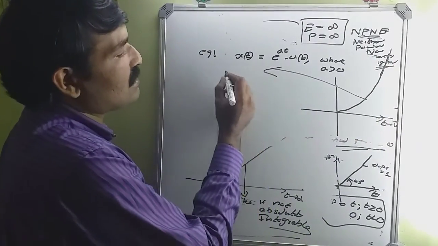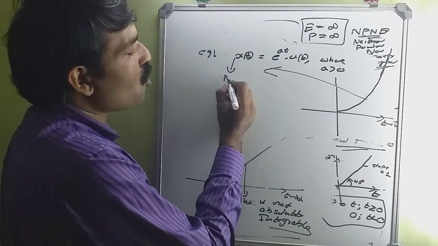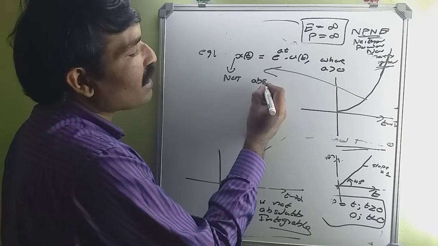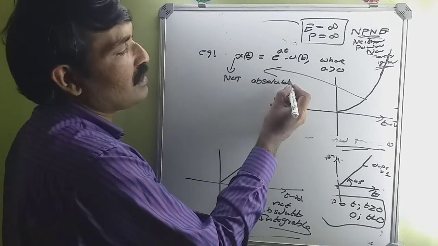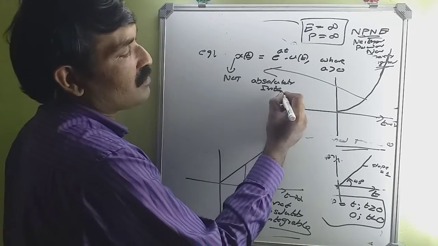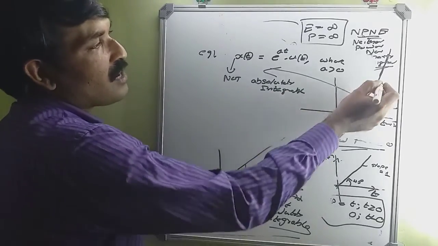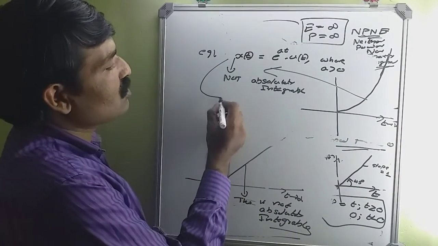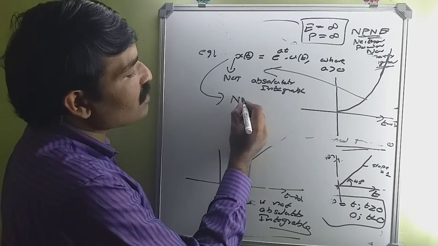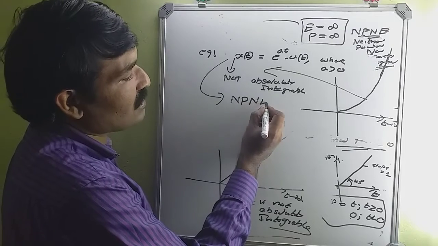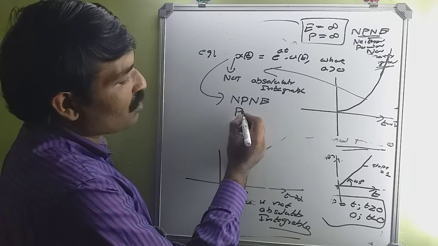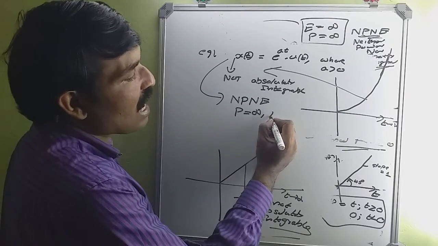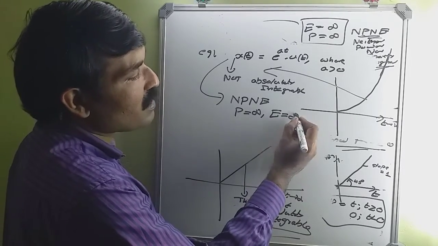That implies this signal is not absolutely integrable. That means the value of the signal becomes infinity when t tends to infinity. So this signal is neither power signal nor energy signal. For this signal, power is equal to infinity and energy should also be infinity.